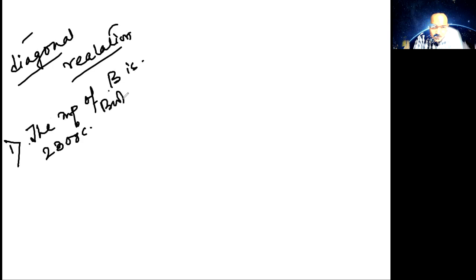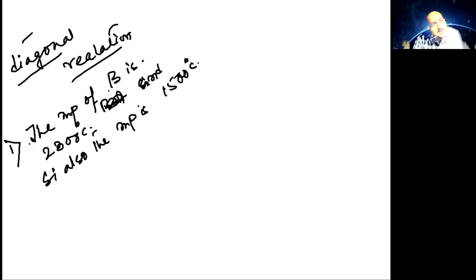The melting point of boron is near about 2300 degrees centigrade, but for silicon the melting point is near about 1500 degrees centigrade. So this is the first similarity of the diagonal relationship.